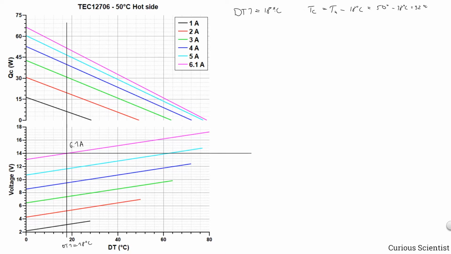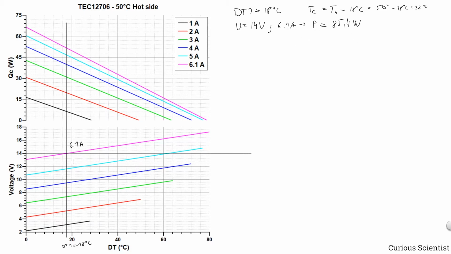So in this case, we can maintain 32 degrees Celsius on the cold side. And we also know that we are at 14 volts and 6.1 amps. So that will bring us the rejected heat or the generated heat at around 85.4 watts.